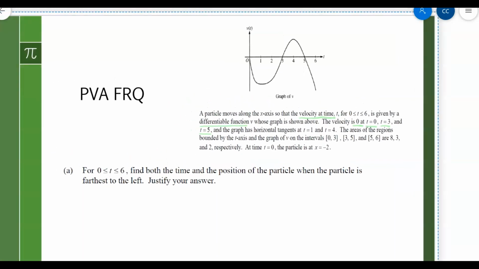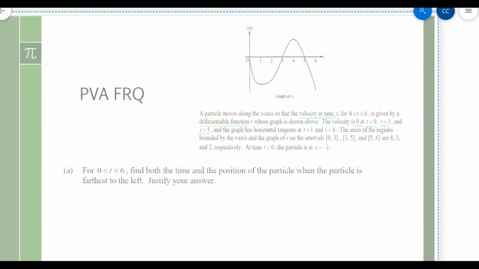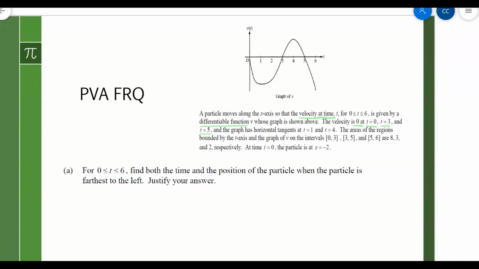The areas of the regions bounded by the t-axis and the graph, from 0 to 3, 3 to 5, and 5 to 6, are 8, 3, and 2. So the area between the curve and the axis here is 8. The area above is 3.